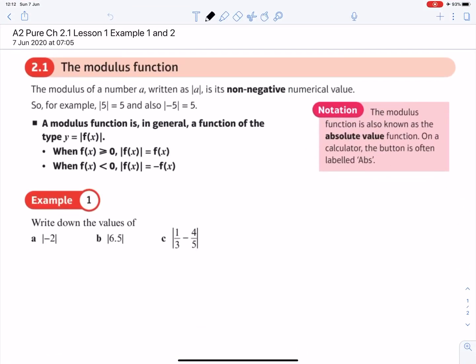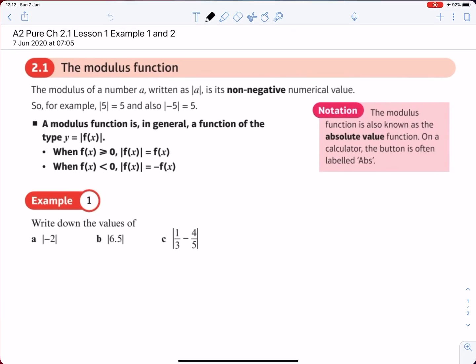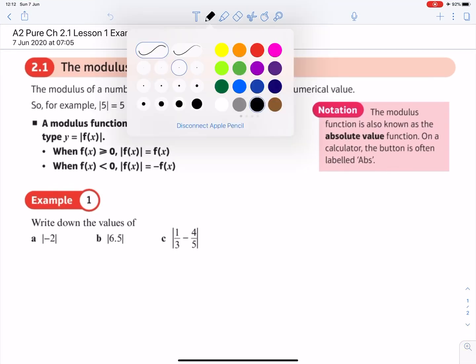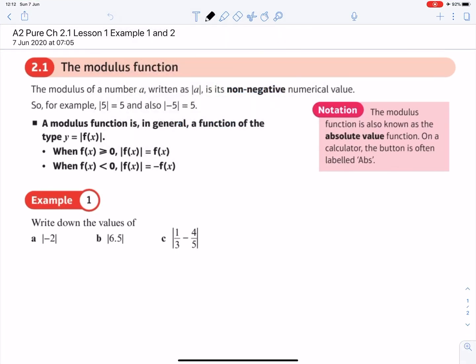So here we go with the start of chapter 2. Chapter 2 is a section on functions and graphs, and we're going to start by looking at the modulus function. The modulus function takes a value, whether it's a positive or negative number, and gives you the size of it.